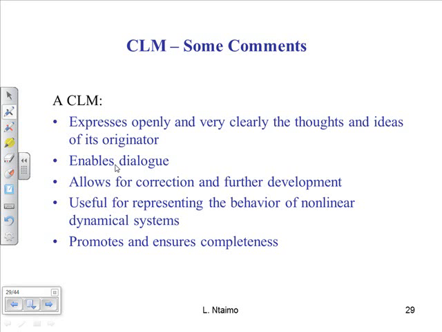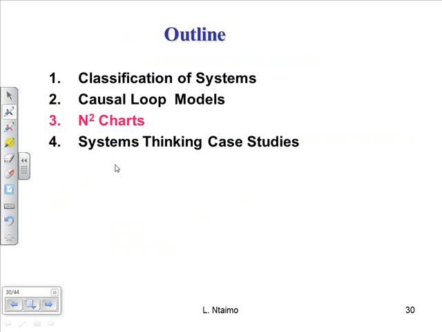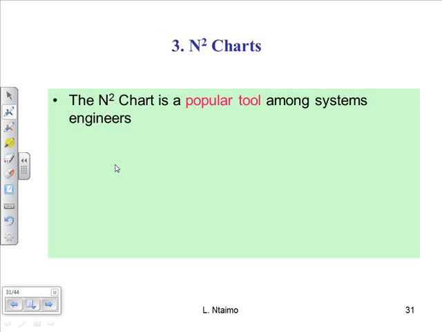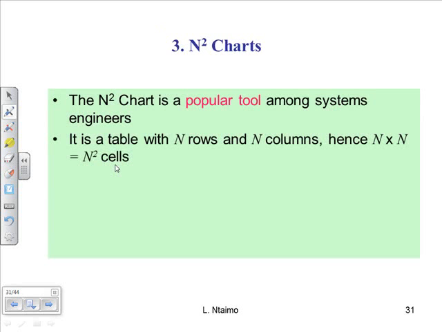There'll be many issues associated with the customer needs. You're going to try to come up with system requirements. And so causal loop modeling is going to allow you to have a way to look at different aspects of the system. The other tool that is used in systems thinking is known as an n-squared chart. And this is very popular. It is very simple.